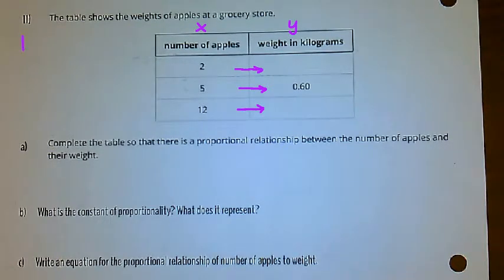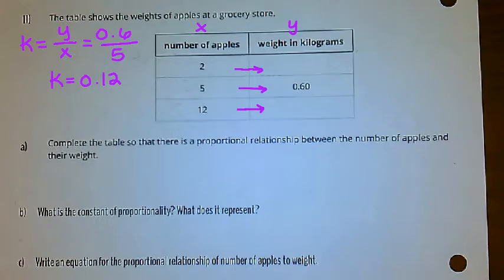Remember, whatever we have to multiply by, that is called our constant of proportionality. So k is equal to y over x. Well, the only one we have is 0.6 over 5. So if we put that in our calculator, k is equal to 0.12. Now notice, this is for 1. This is like our unit rate.